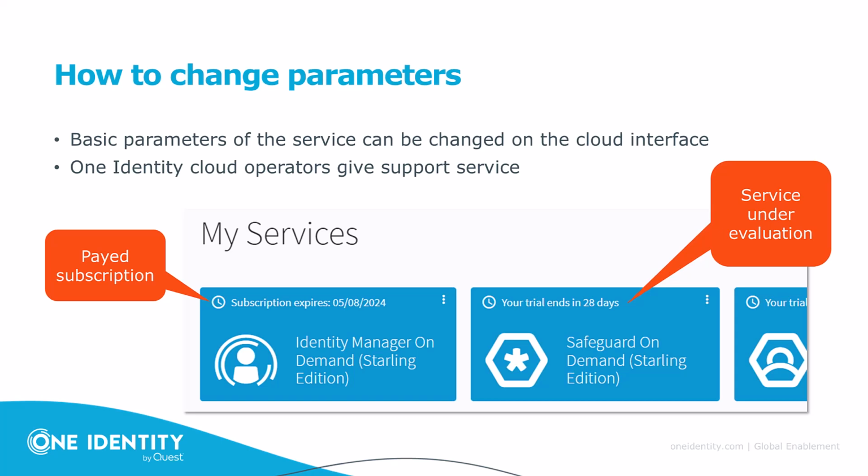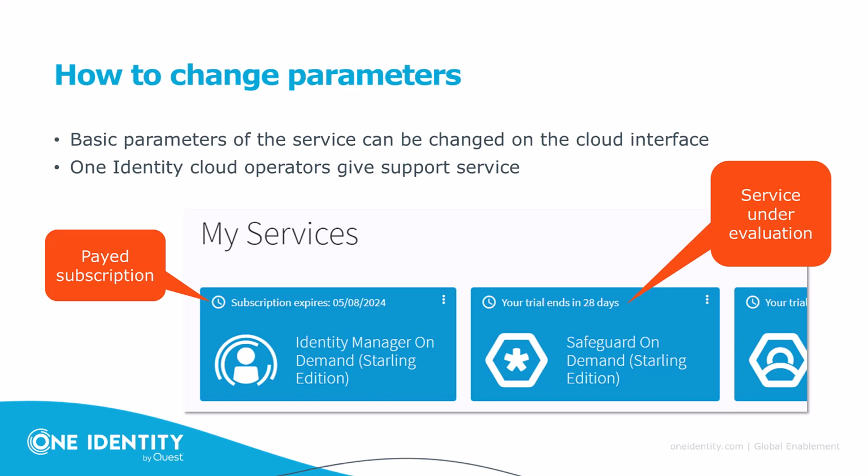It's worth mentioning that on-demand services parameters can be changed in 3 different layers. We have already seen that Safeguard on Demand configuration or Identity Manager configuration can be done by the customer via the web interface or via a simple RDP connection. That's one layer.